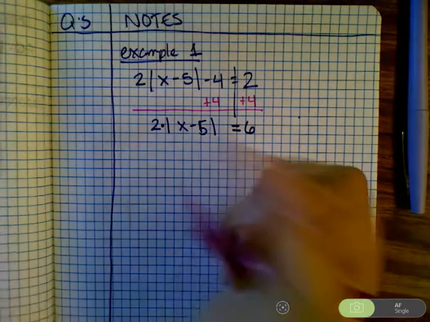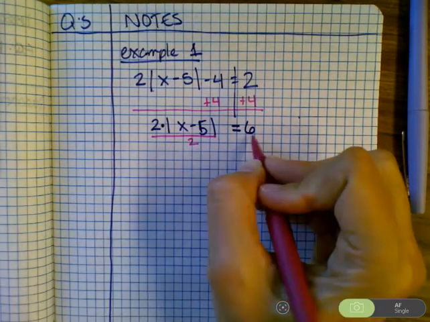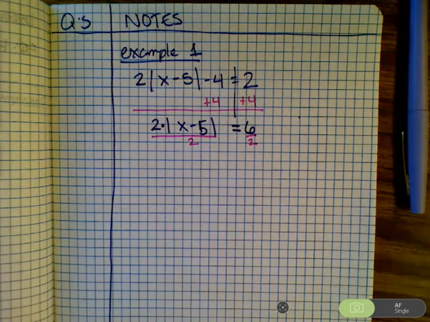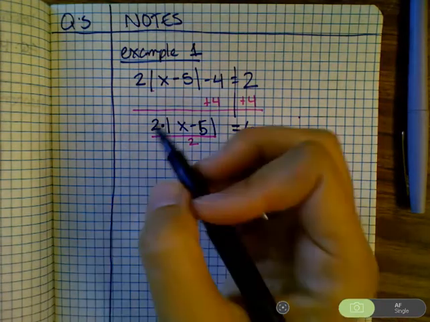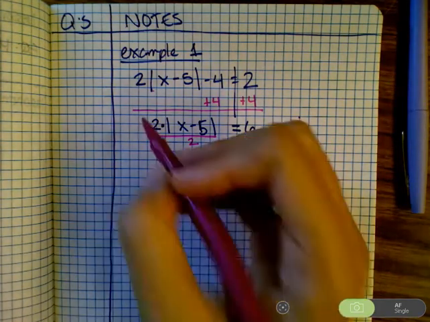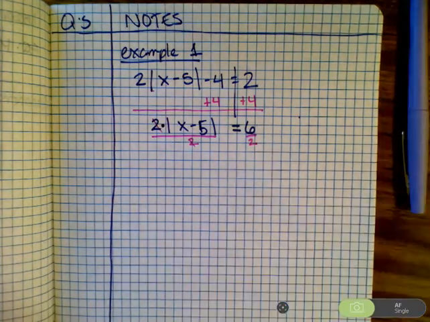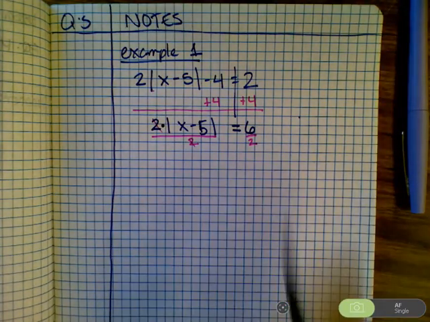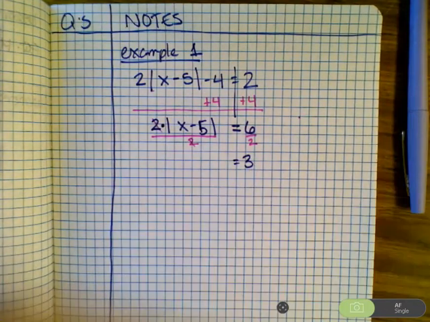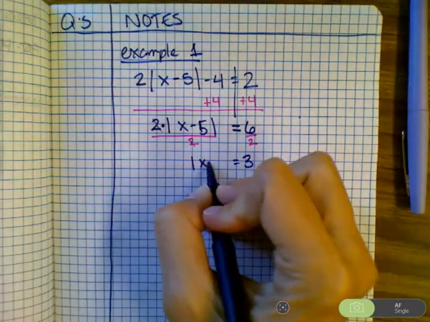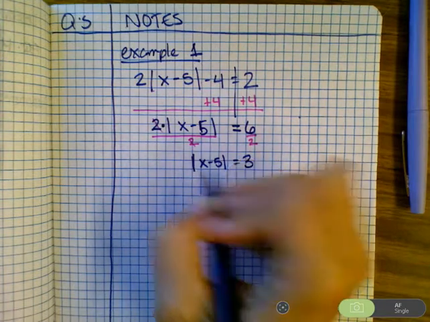So I'm going to divide both sides by 2. And when I divide by 2 on the left, those cancel. That's the whole point of dividing. On the right, I get 6 divided by 2, which equals 3. So I get absolute value of x minus 5 equals 3.